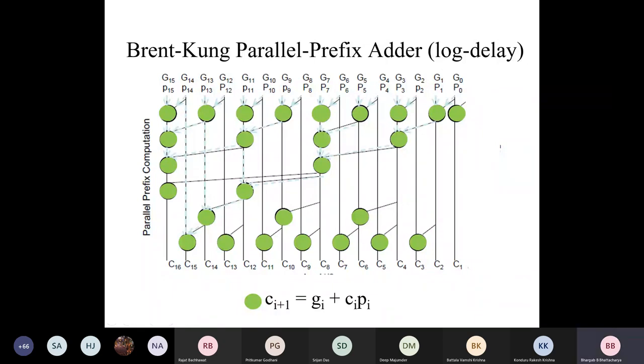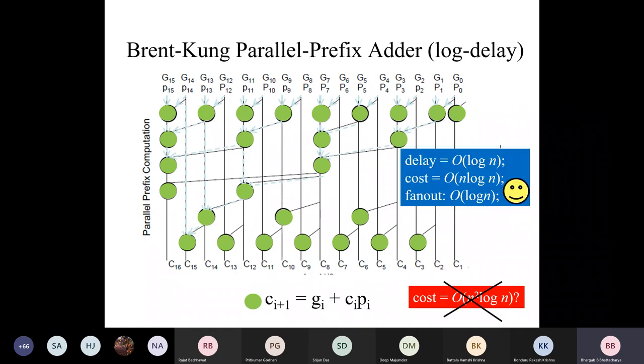So this gives you further improvement, and that's what this Brent-Kung parallel prefix adder is. So we reduce this cost now. The delay becomes log n, cost becomes n log n, because once all the carries are generated, now you can use independent full adders, right?